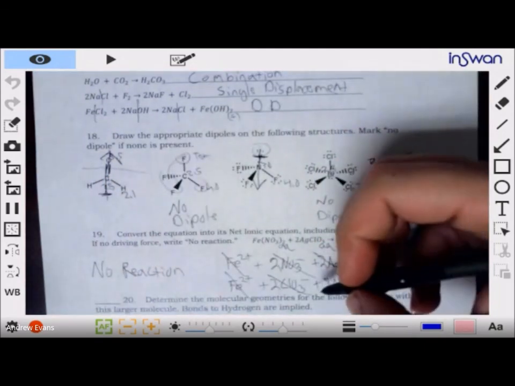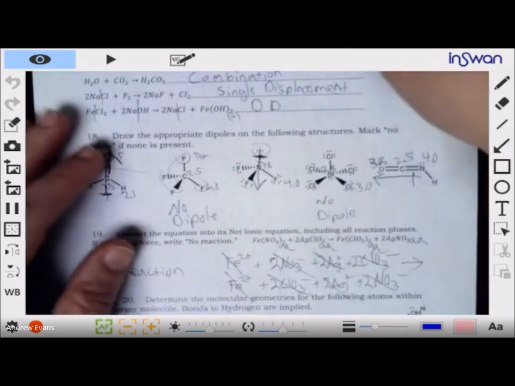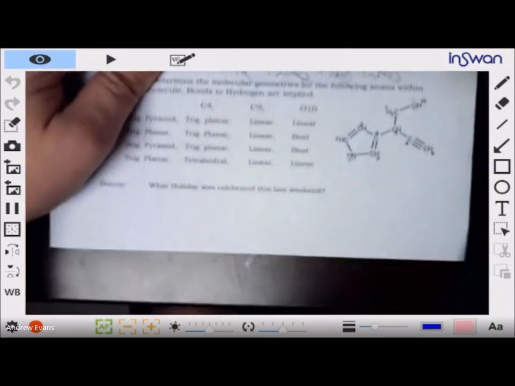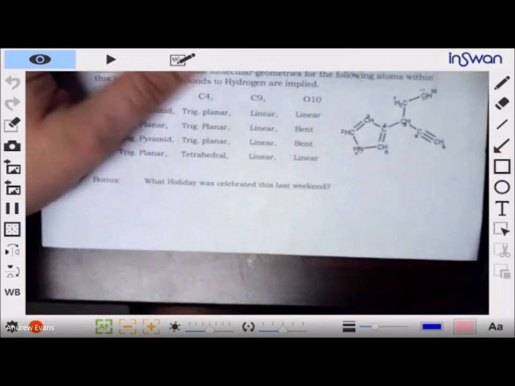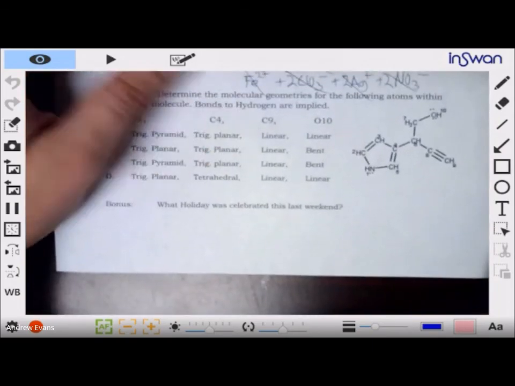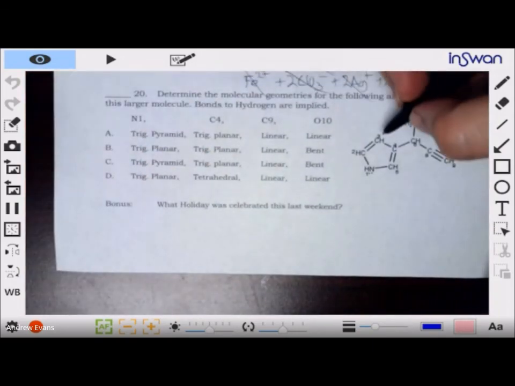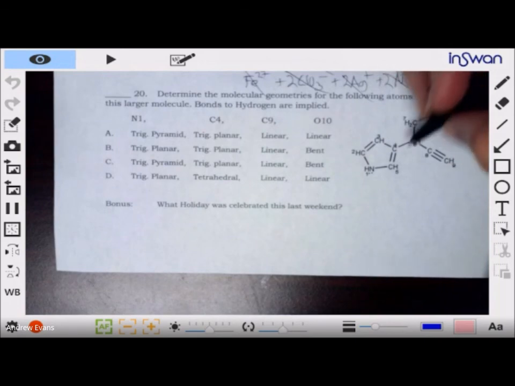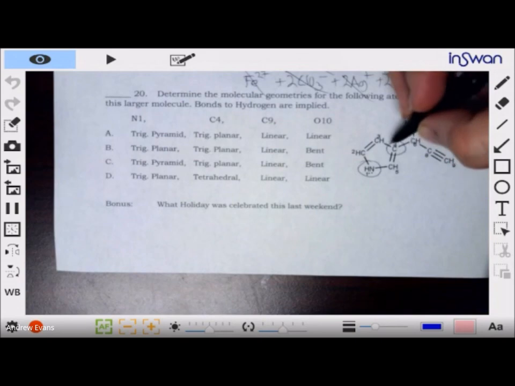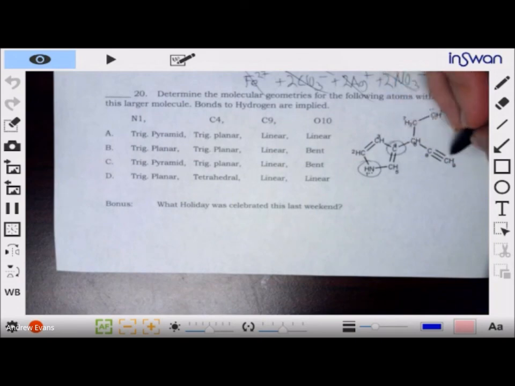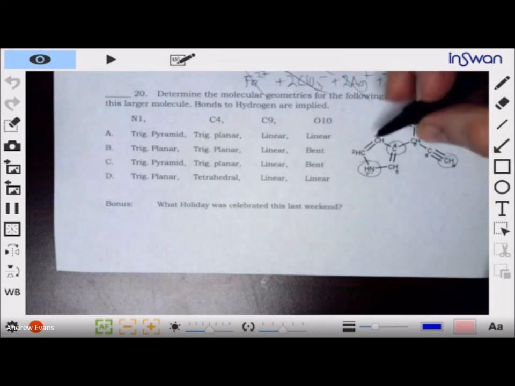Okay, last question. Last question asks us to look at the following structure. Determine the geometries of this. The geometry of N1, which is right here, C4, which is right here, C9, which is right here, and O10, which is right here.